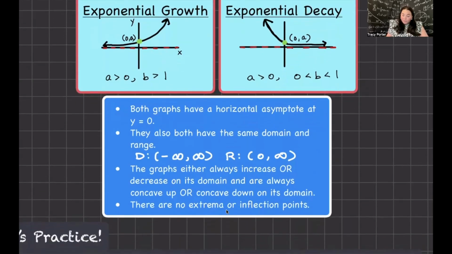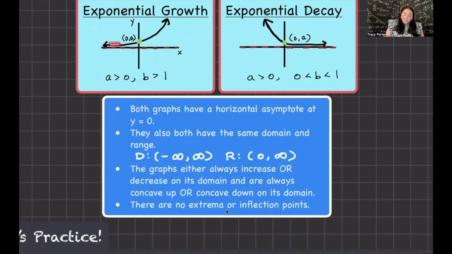Now, they're either going to be always increasing or always decreasing. So your growth is always increasing, your decay is always decreasing. They won't change from one to the other. In addition, they're either going to be always concave up or always concave down.